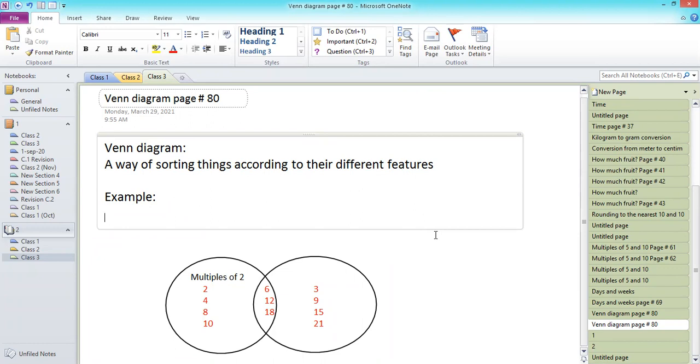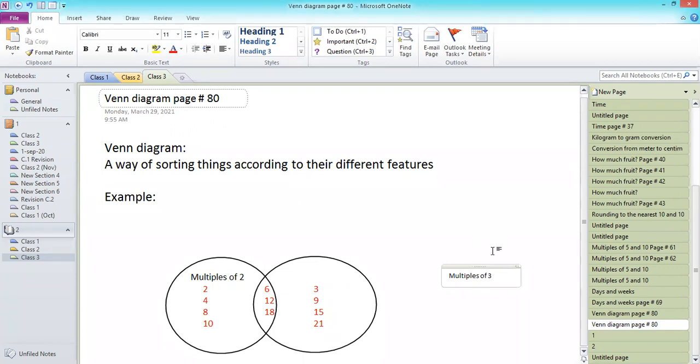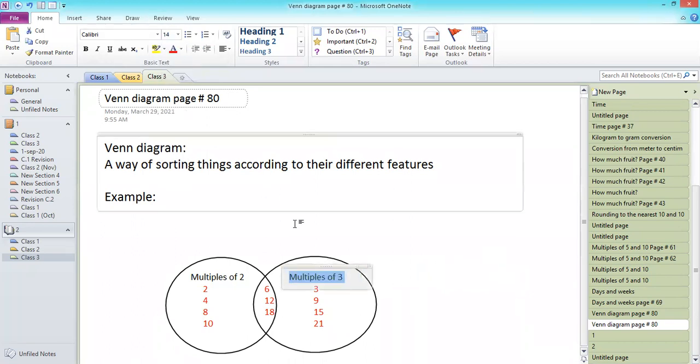You can use any cap for making a circle, okay? And this is multiples of 3. How do you know it is multiples of 3, guys? Because 3, 6, 9, 12, 15, you check that these all are multiples of 3. So you name it multiples of 3.